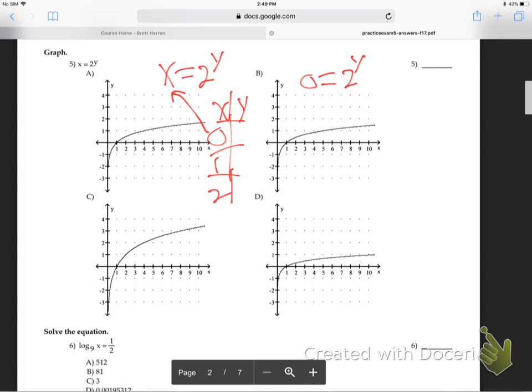What's the answer for y? What y could I put up there? 2 to what power would come out 0? Now you might think, well, 0. No, 2 to the 0 is 1. It doesn't equal 0. There's no way you can put a power up there and make it 0. Nothing in a power makes the whole answer 0. A 0 power makes the answer 1, but nothing makes the whole answer 0.